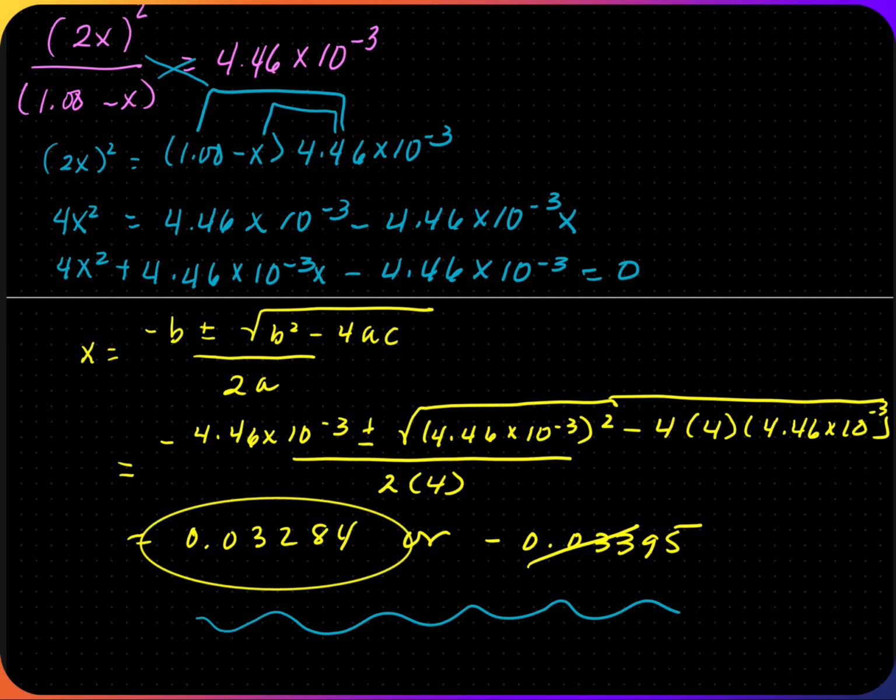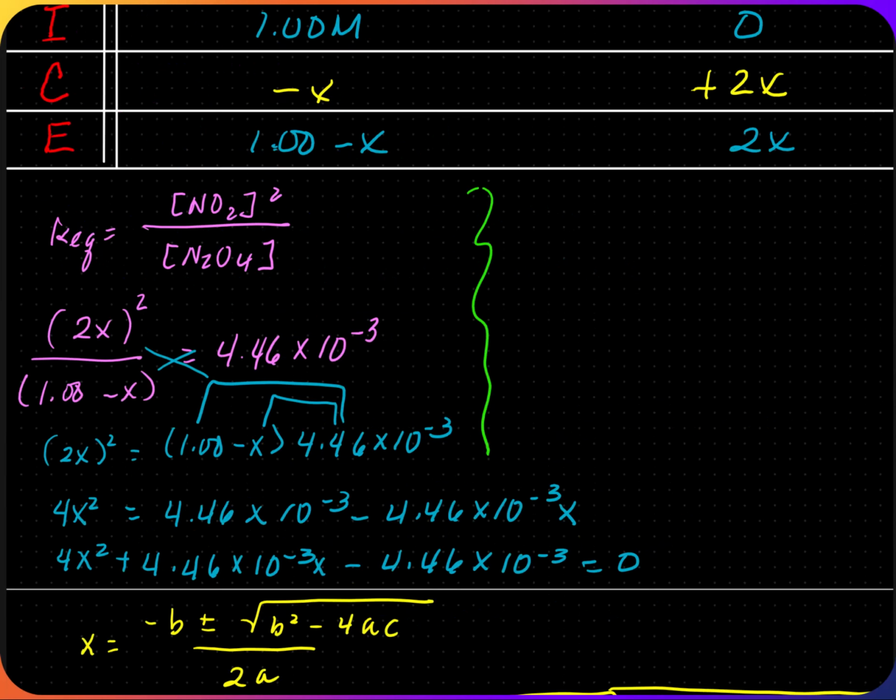Now we're going to repeat the problem using the 5% rule. The 5% rule begins with the same equation, which is 2x squared over 1 minus x, equal to 4.46 times 10 to the negative third. Here we are able to eliminate my x.